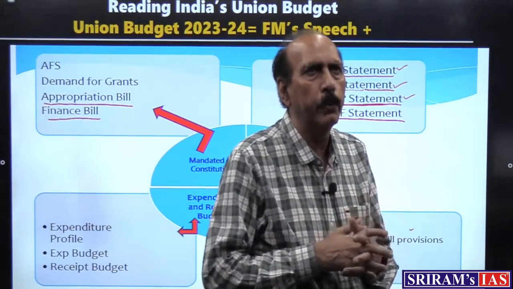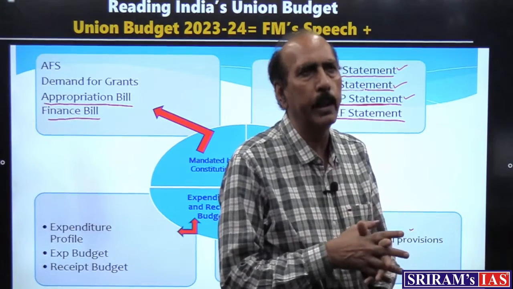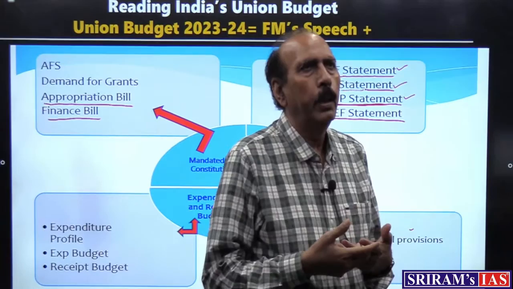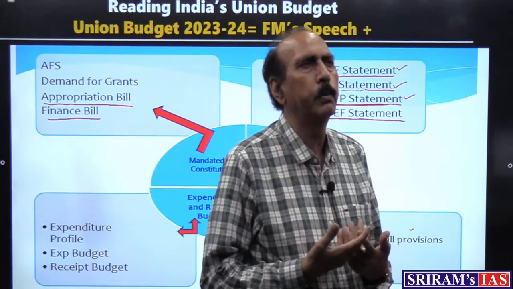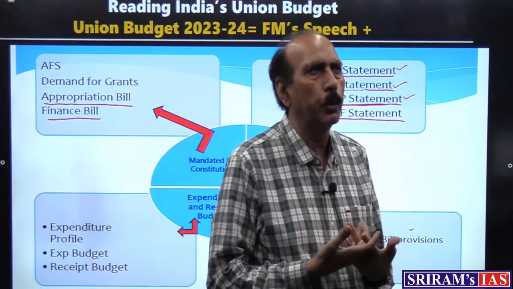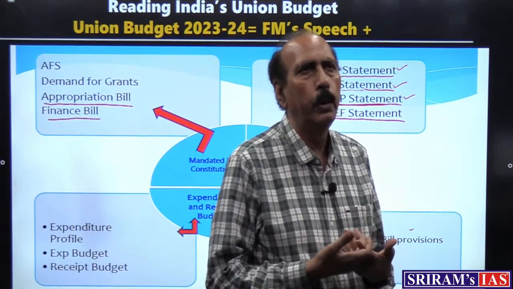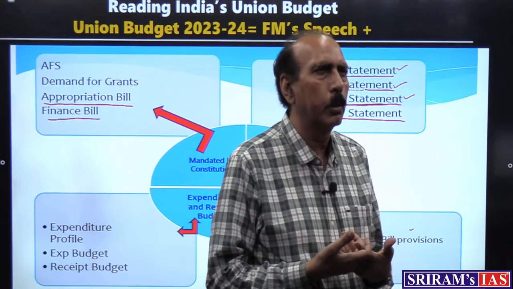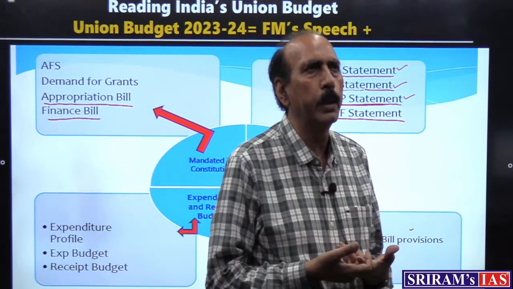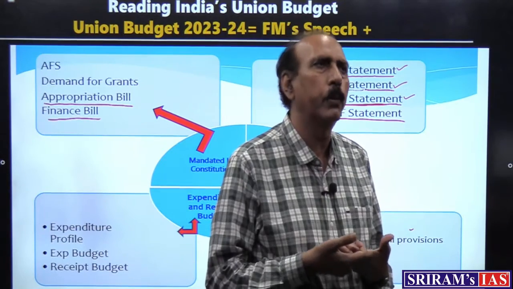After the demand for grants are approved, the finance minister, while presenting the appropriation bill, seeks the authorization of the parliament to approve the bill, so that the government can withdraw the money from the consolidated fund of India to make the expenditure as approved by the parliament in the demand for grants.